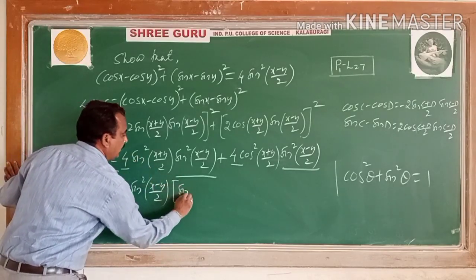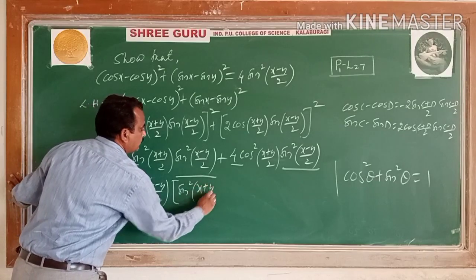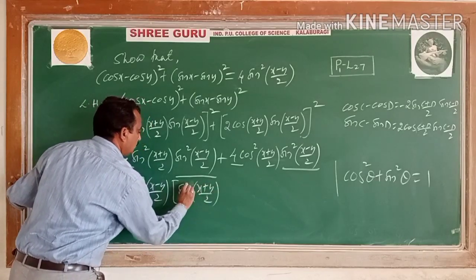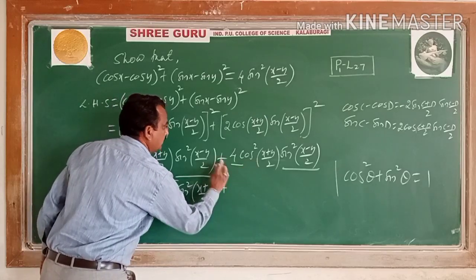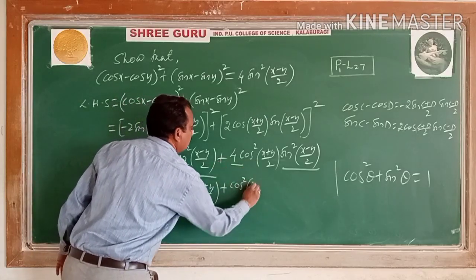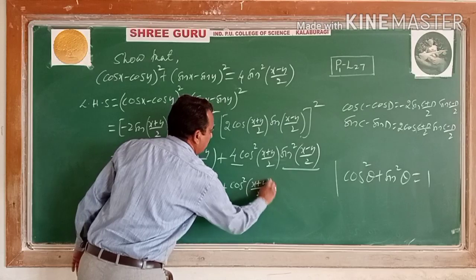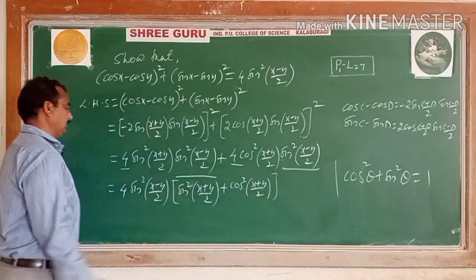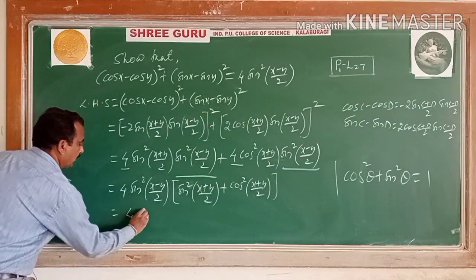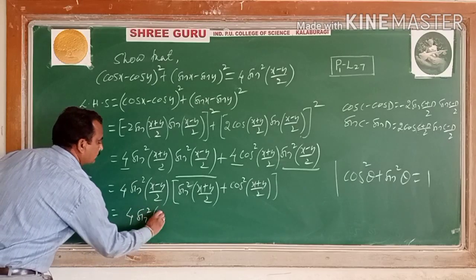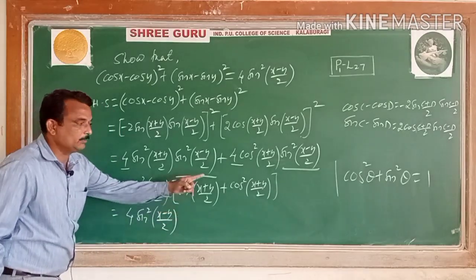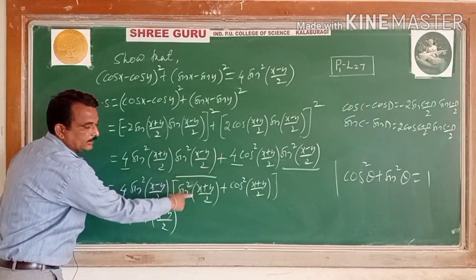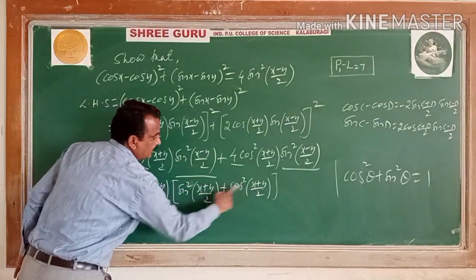Sin square of (x plus y) by 2 plus cos square of (x plus y) by 2, remaining with these 4 times sin square of (x minus y) by 2. What is this? Sin square theta plus cos square theta. This is the identity here. Is theta the same? It is. The angle is the same.